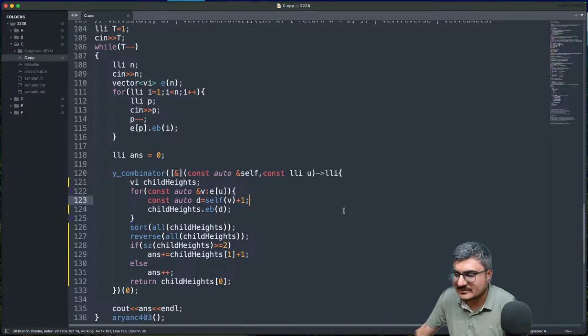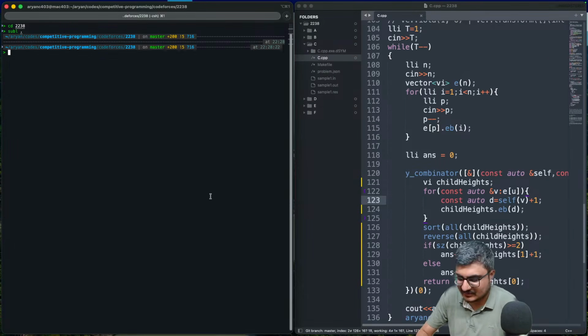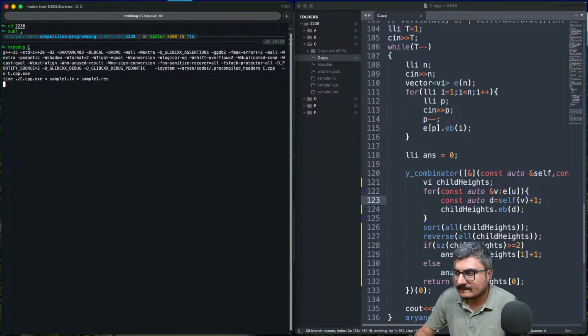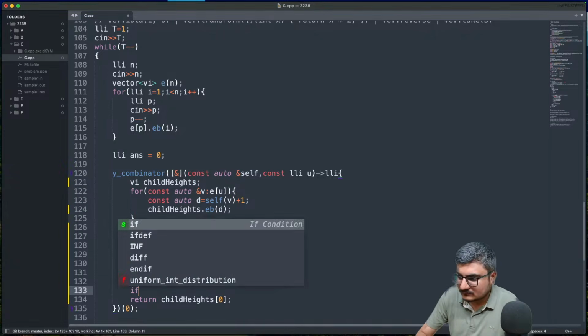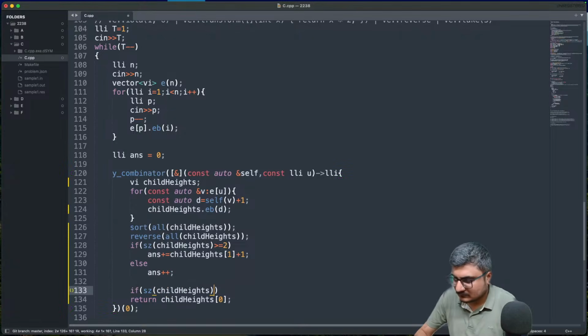The code is a bit small over here. Any questions, anyone on this problem? Then return this. If there are no children, then just return 0.